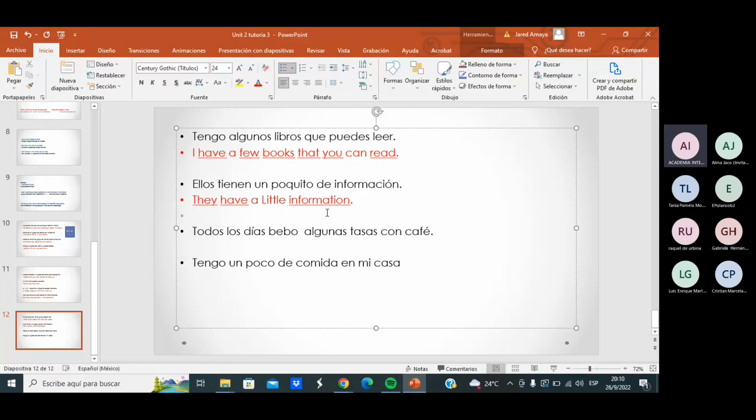And what is the noun here? ¿Cuál es el sustantivo? Information. Information is countable or uncountable? Uncountable. And that's why I'm using a little, because a little is used with uncountable nouns, and information is uncountable. Number 3.